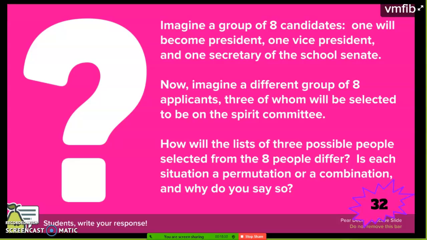Okay, if we care about the order, that's a permutation with no repetition because you can't repeat people. If we're just 3 spirit committee members, we don't care the order they're in, that's a combination.